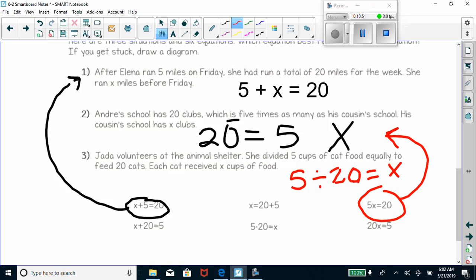So I have to think 5 divided by 20 equals X, and we kind of worked on this before. If we remember from our unit on fraction division, one way I could look at this is also that X times 20 equals 5.